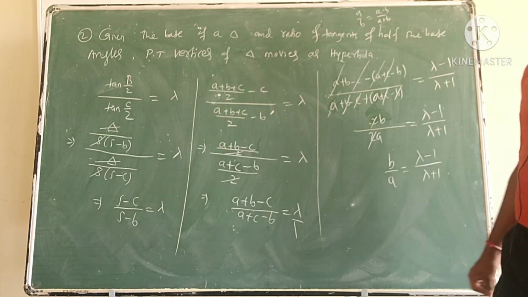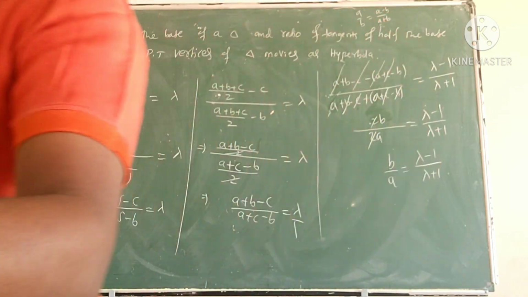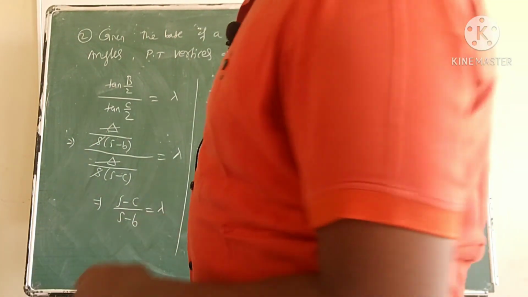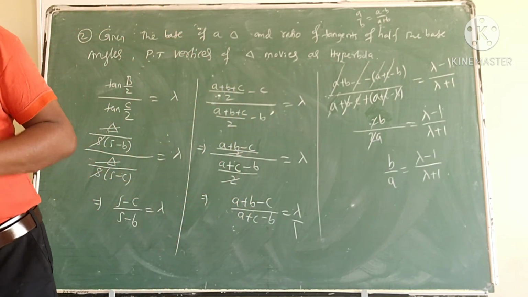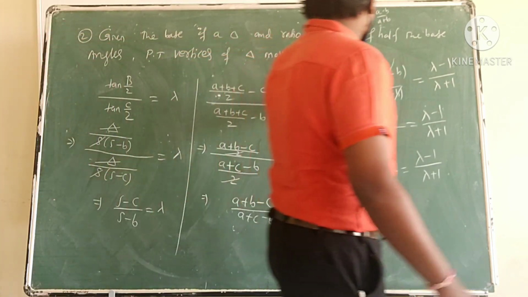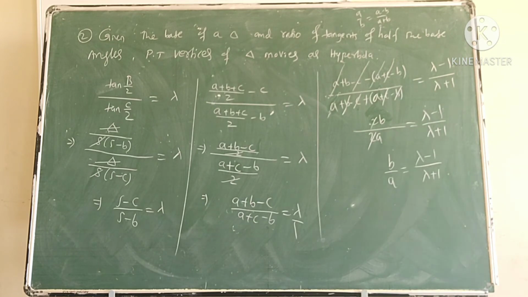I think something went wrong. See here, on the top you can observe it carefully. You can see in the top here numerator minus c minus 2c.